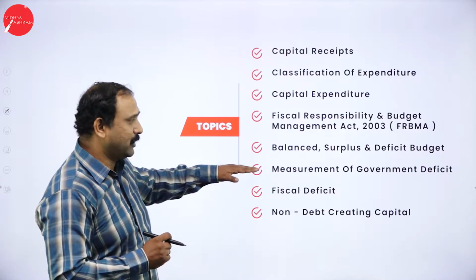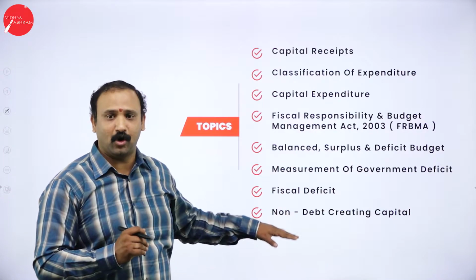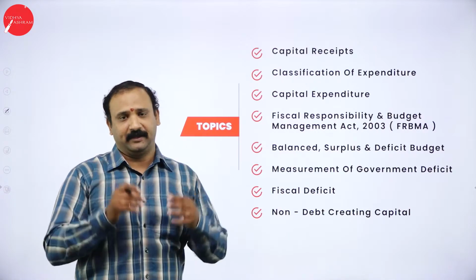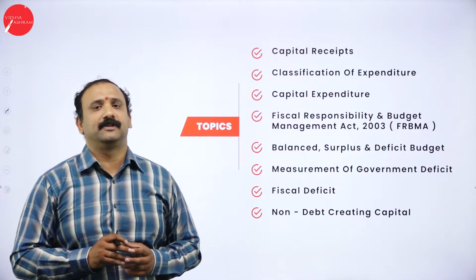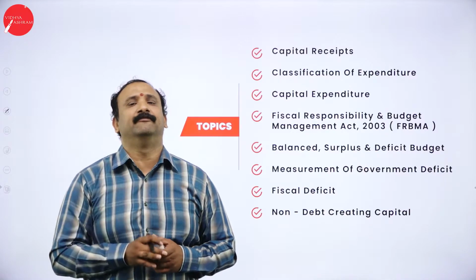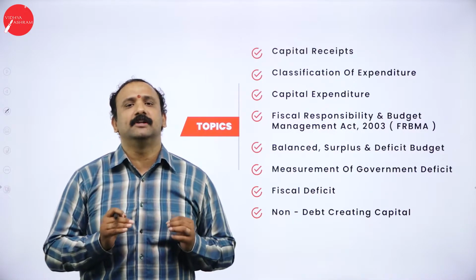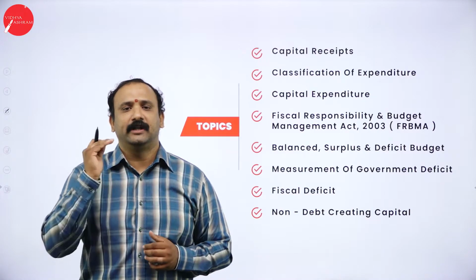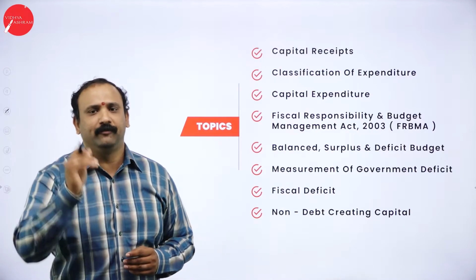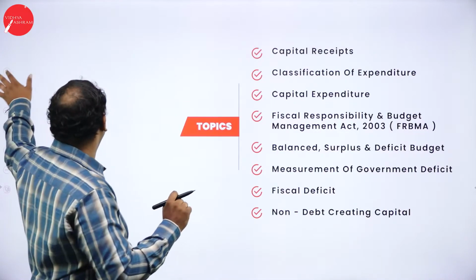Then we are going to talk about measurement of government deficit, fiscal deficit and the non-debt creating capital. So quite a lot of topics to be looked into. All of them are very interesting and quite informative. All we just need to do is carefully look into the concepts, understand them so that we can move with the flow. So going forward, let's try to understand the capital receipts altogether.